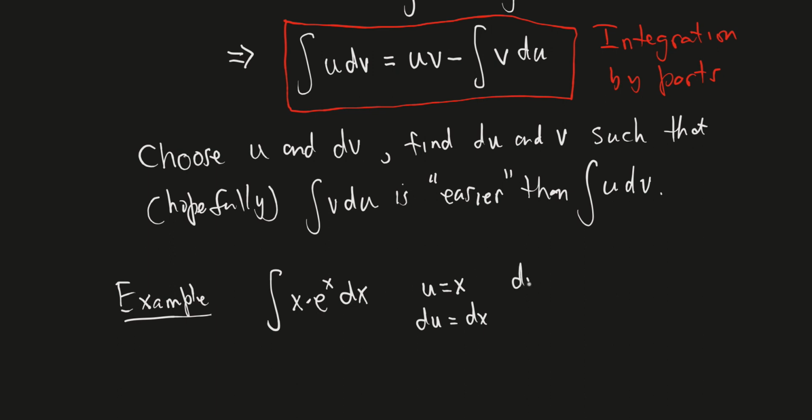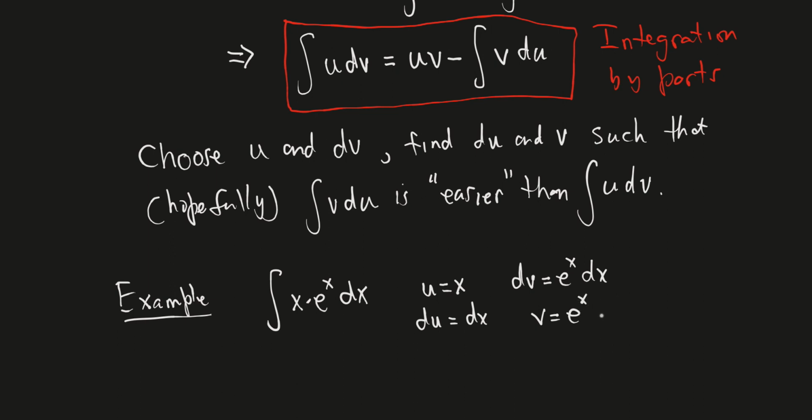My hands are forced, I would have to have that dv is e to the x dx. And then the question is, well, if this is dv, then what is v? Well, these are differentials. If I want to work backwards, I'd have to integrate it. So I would have to say that v is e to the x, right?